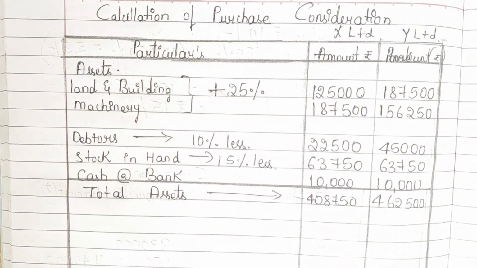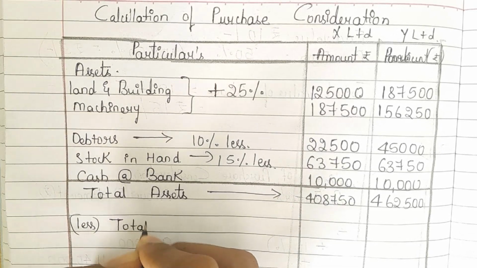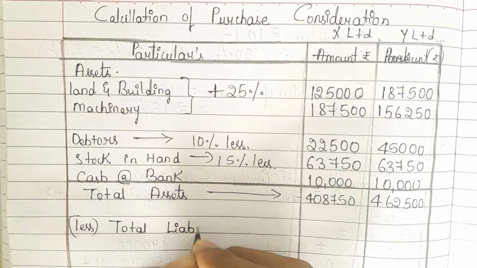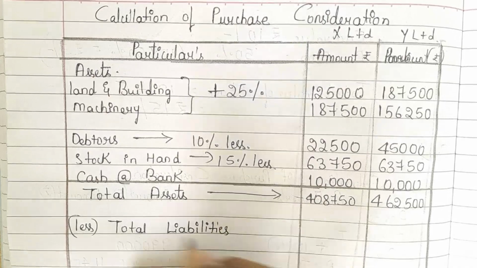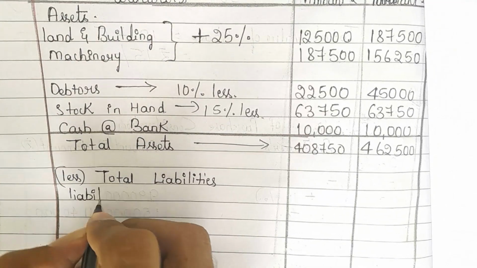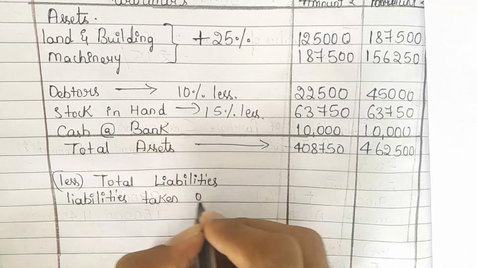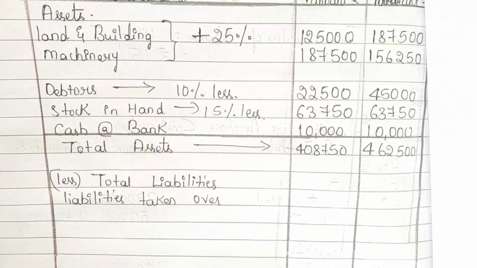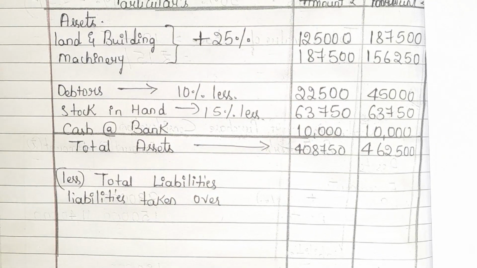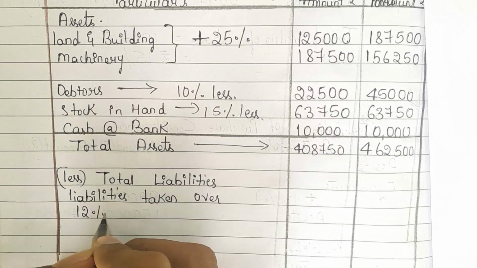Now we need to subtract total liabilities. Now liabilities taken over. See the balance sheet. We all know that equity shares we are not supposed to show here. Reserves and surplus also we should not show here. So what we need to show? 12% debentures.